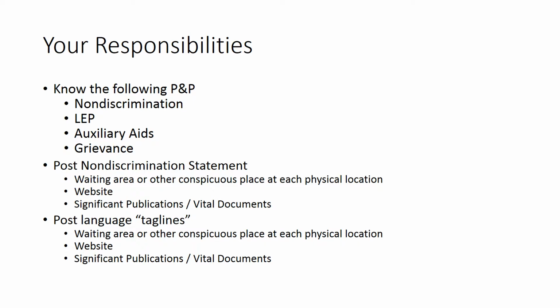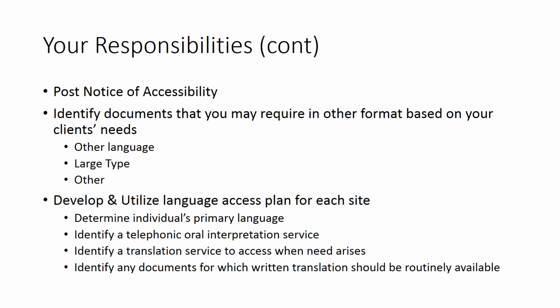That needs to be in a waiting area or other conspicuous place at your physical location. We do have that on our website. And if we have significant publications or vital documents that we would send out as marketing material, we would need to make sure this information is included with that as well.